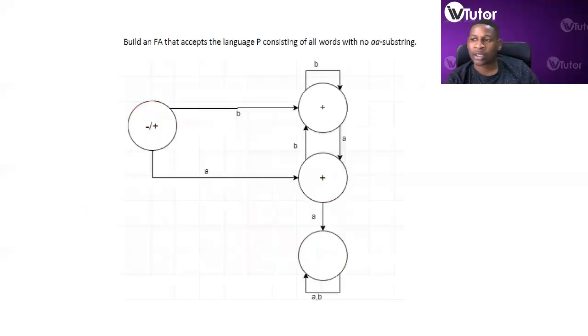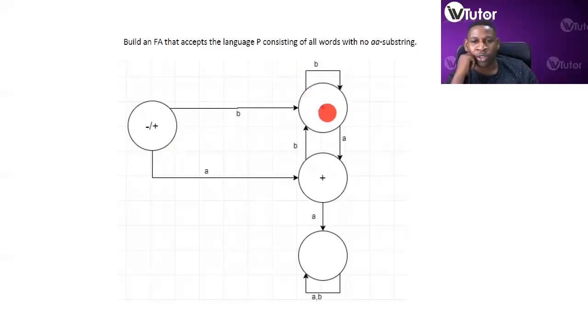Next, we look at typical assignment questions. Build a finite automata that accepts the language P consisting of all words with no AA substring. If I don't have an AA substring, this is what is going to happen. The start state does not have an AA substring, so it is a final state. B does not have an AA substring. A does not have an AA substring.